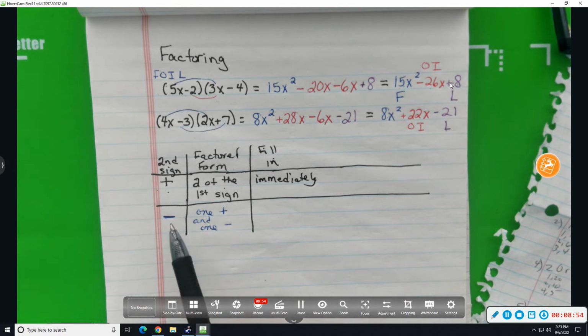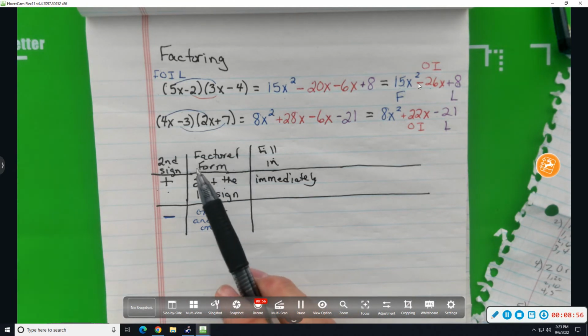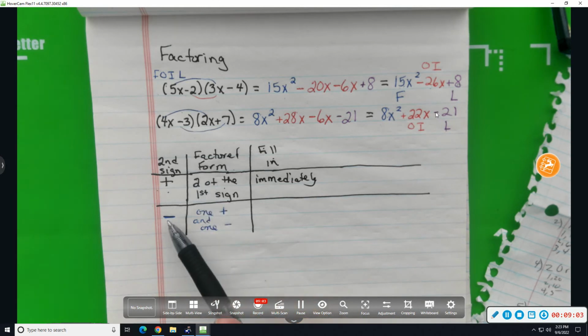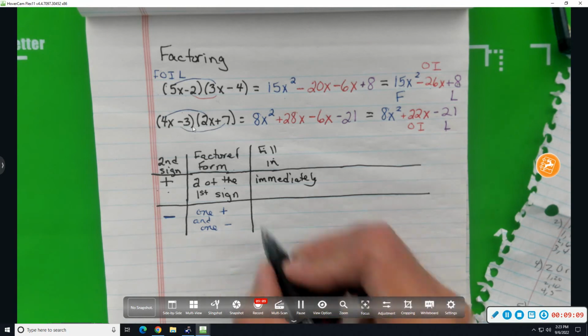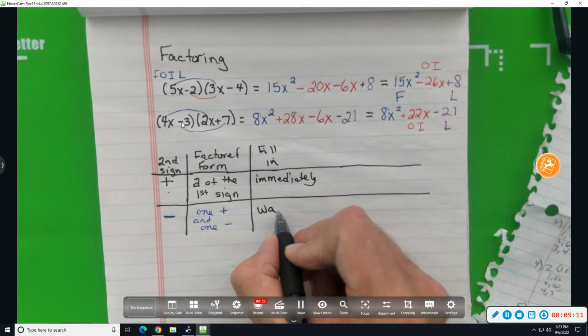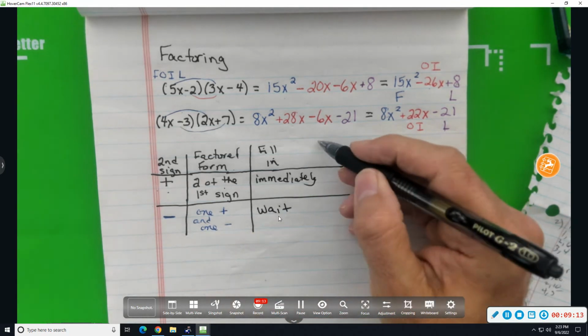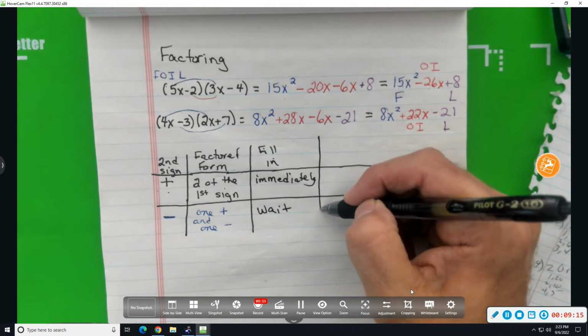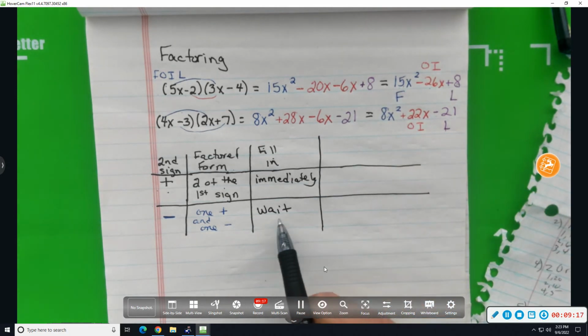When you see that plus right there, you know the parentheses will have 1 minus in the first one and 1 minus in the second. But when that second sign is a minus, you're going to have 1 of each, but you don't know where the plus is going to go and where the minus is going to go. Does it go in the first set of parentheses or the second? So I'll wait to fill in the plus and the minus.